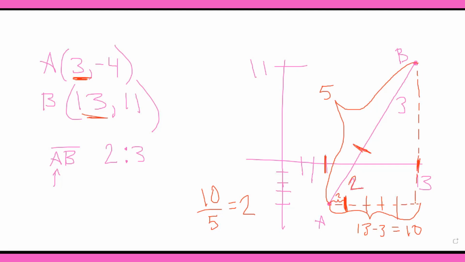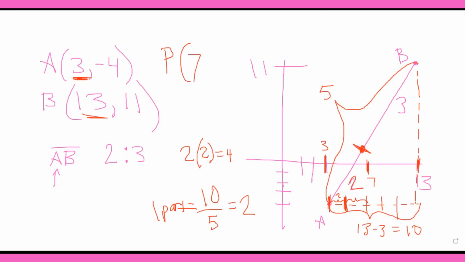So if 1 part is 2, 2 parts would be 4, right? 2 times 2 equals 4. So that means I'm going to go 4 away from my starting point. So my x value at this point that I'm looking for would have to be 4 away from our starting point in the x direction. So that would be 7. So we know our x value, and we'll call this point P, our x value would be 7.